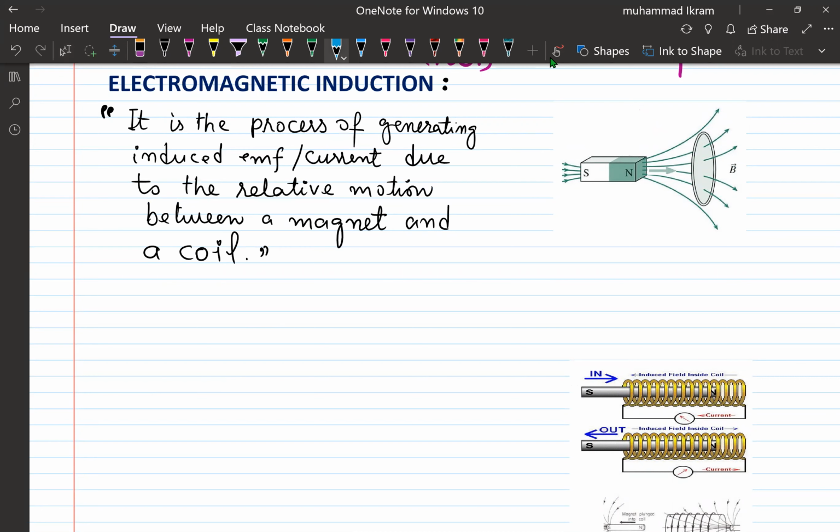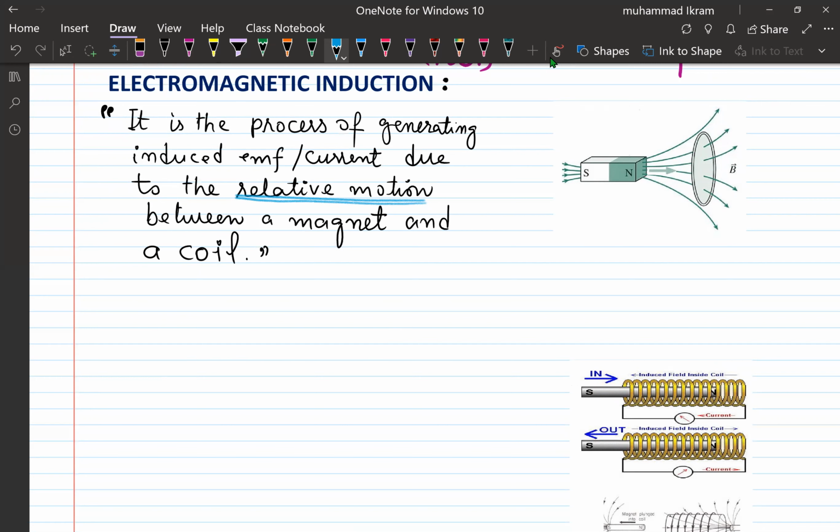What do I mean by relative motion? By relative motion, I mean that if the magnet moves, or the conductor moves, or if both move, then there will be induced current in the coil.